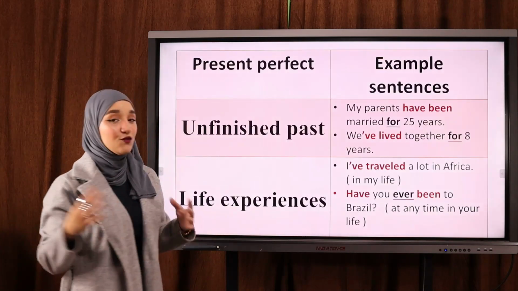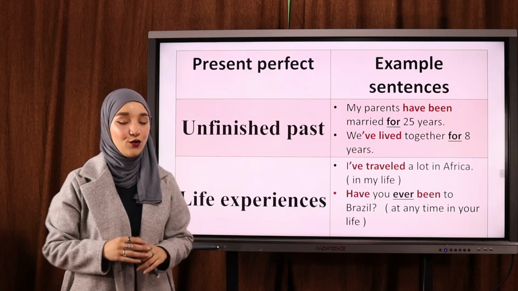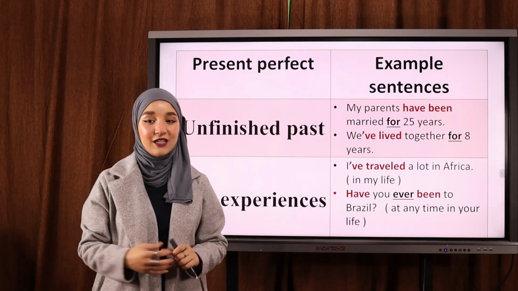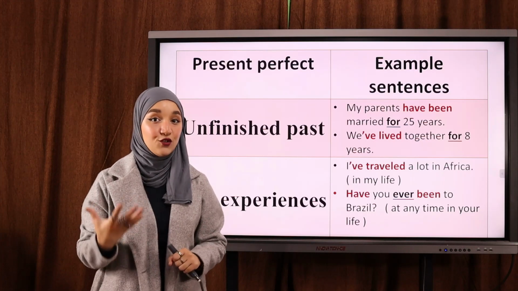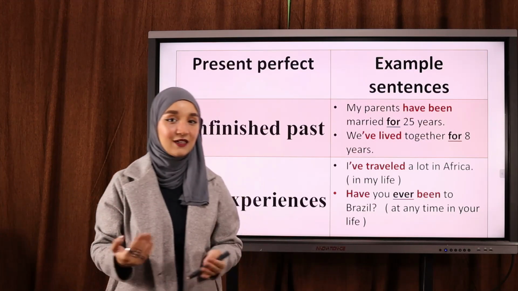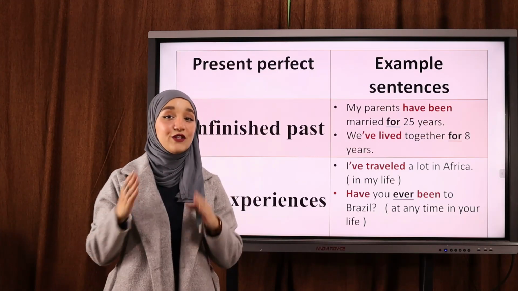I don't know if you remember, but in the previous lessons, I told you that in the continuous tense, we are dealing with the auxiliary to be in the past and the present continuous. في الماضي المتتابع والحاضر المتتابع نتعامل مع الauxiliary to be.